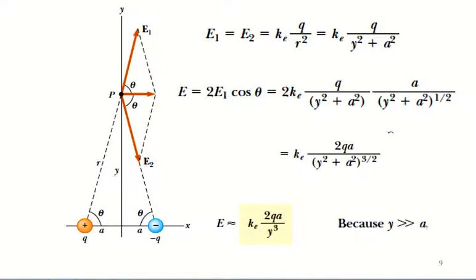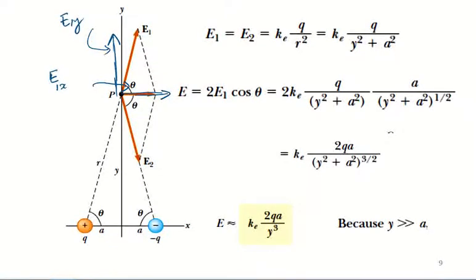This would be the component of E1 along the x-axis, that would be E1x, and its y component would be along this axis, with a direction like this, and we call this E1y.